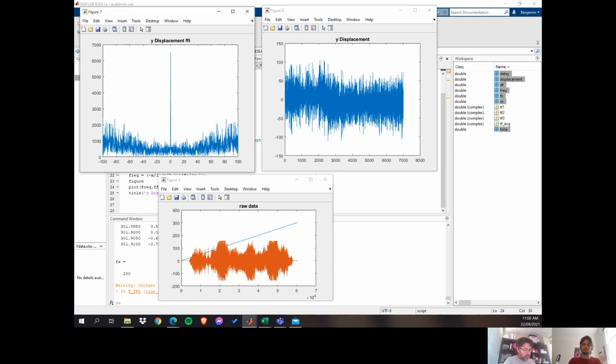Hang on, let me just draw it. It's on a rough piece of paper. Can you see that? Yeah, I can see that.